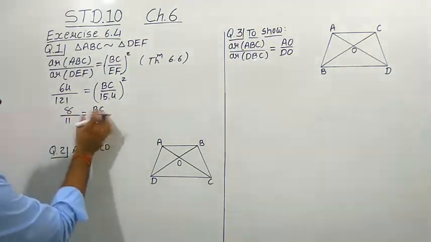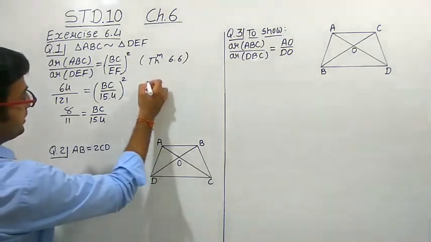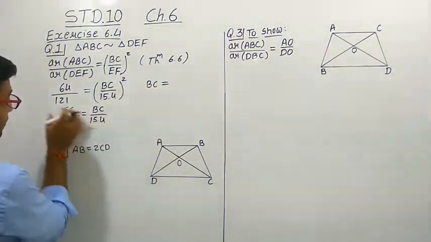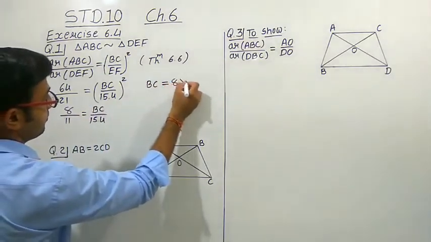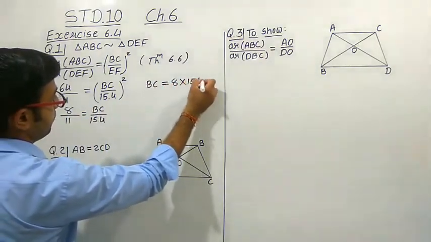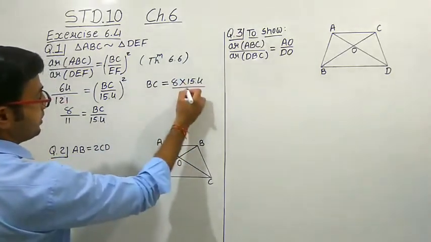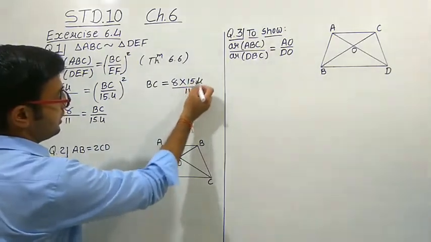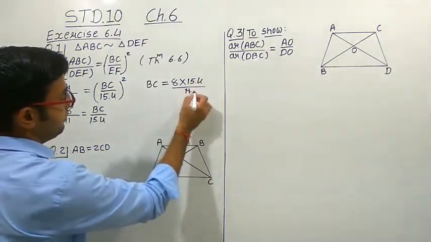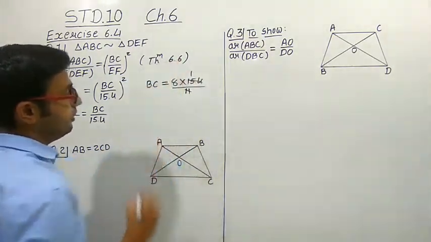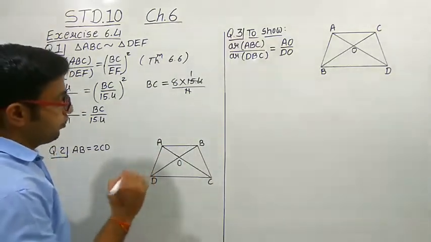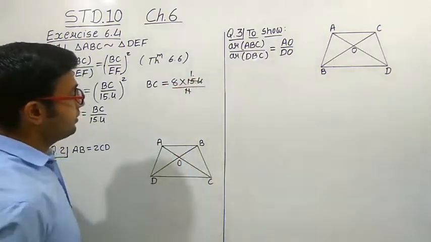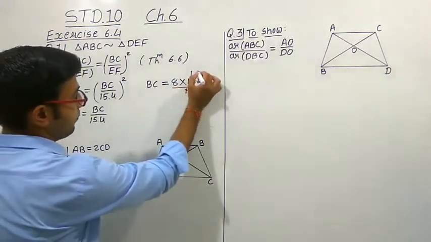Now to find the value of BC, making BC the subject, we have to multiply 15.4 with 8, that is 8 multiplied by 15.4, and divide it by 11. So now let us cancel this 11 with 15.4: 11 ones are 11, 4 is the remainder. Decimal point is there, so we put the decimal here. Now 44 is there, so 11 fours are 44.